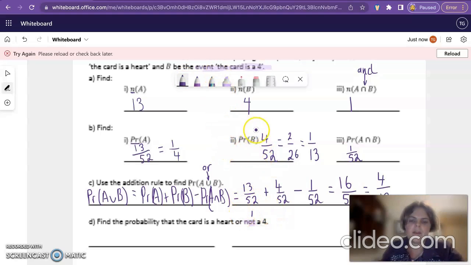And the probability of a heart, well, we called that event A. And not a 4, well, we called B getting a 4. So not a 4, that means B complement. So we want to find the probability of A union B complement.